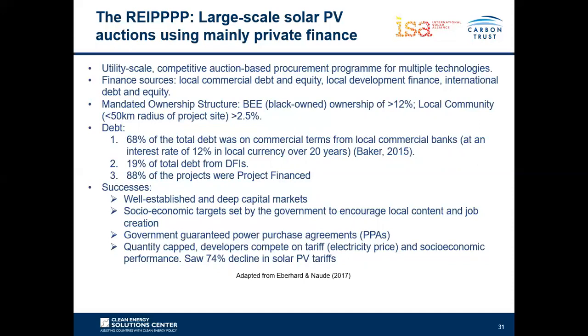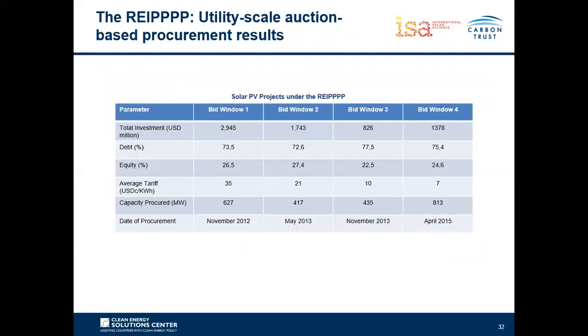The program also saw significant cost declines between the first bidding window and the last bidding window of 74%. We can see the results here. Costs went from 35 US cents per kilowatt hour in the first bidding window in 2012 down to 7 US cents per kilowatt hour under the fourth bidding window in 2015.